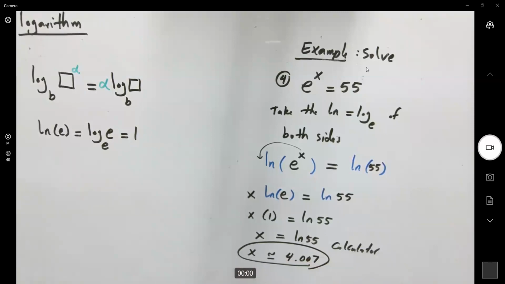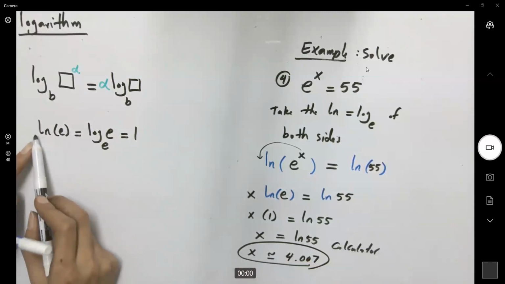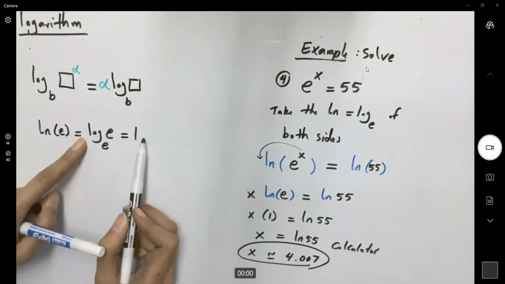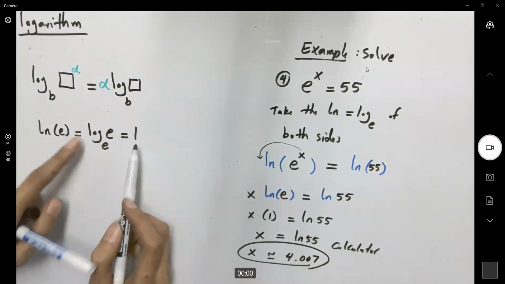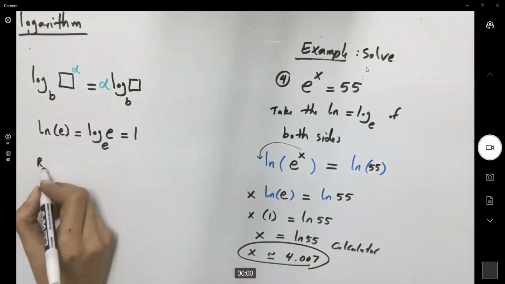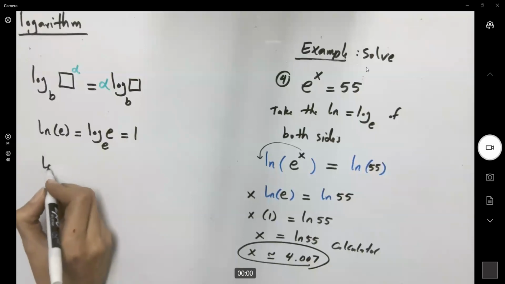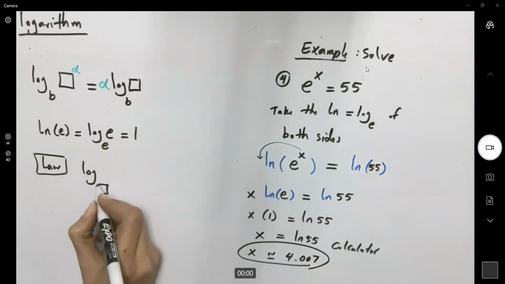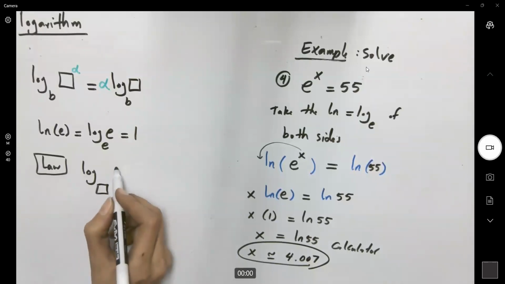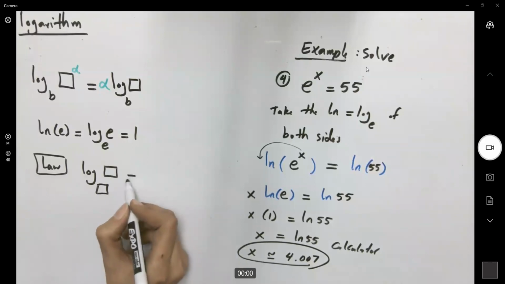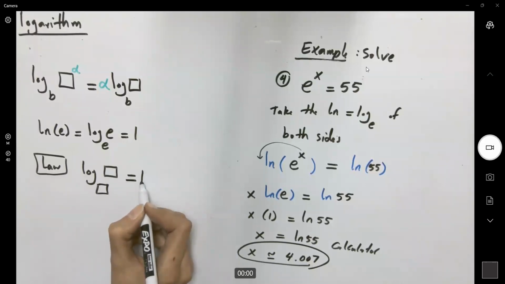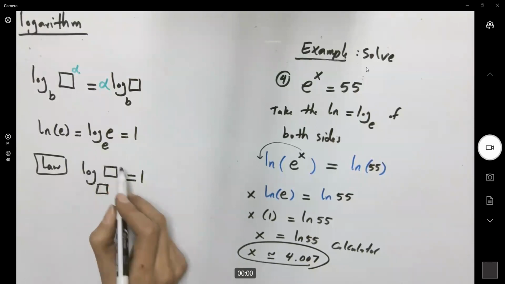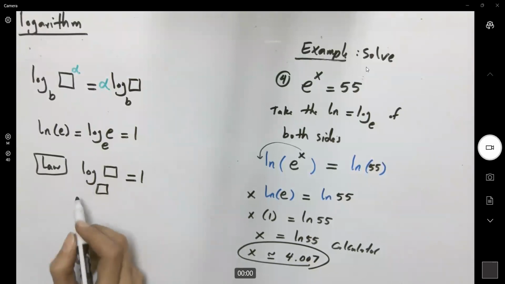So we learned something new. ln of e, or log with base e of e, is always 1. We have a rule. This rule says the log of any base of the same quantity is always 1.